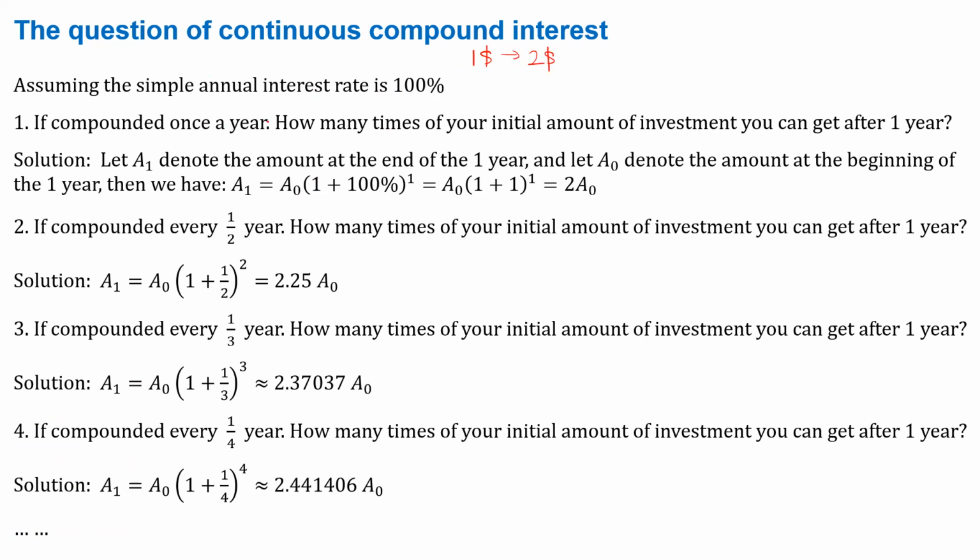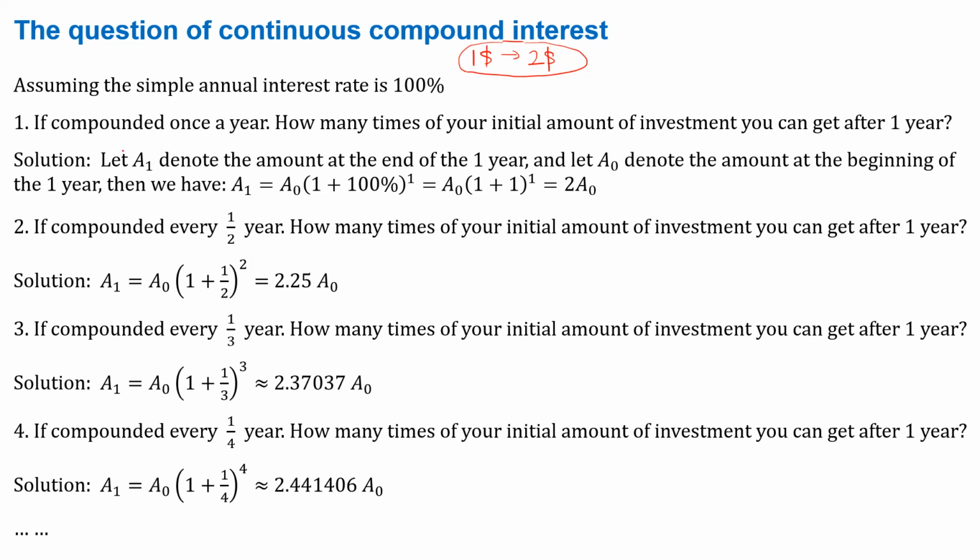Then, if compounded once a year, how many times of your initial amount of investment can you get after 1 year? So actually, this is this case here, right? If compounded only once a year, if you put $1 in the bank it will return you $2 at the end of the year, right?